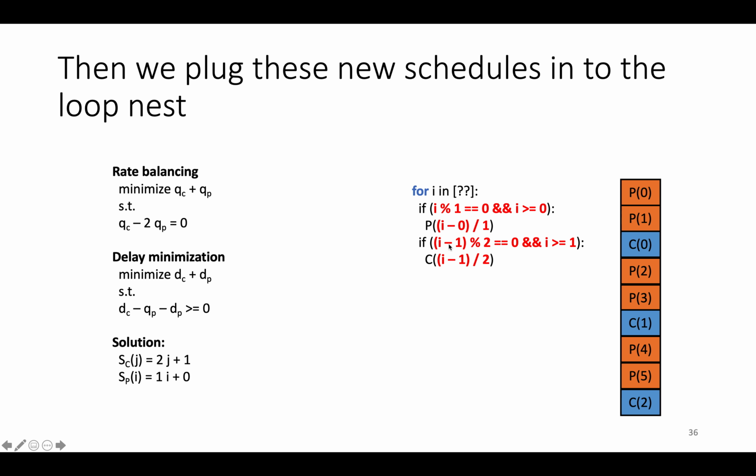And similarly for the consumer statement, the delay is 1 and the relative issue rate is 2. So our guard is if (i minus 1) mod 2 equals 0, so basically every other loop iteration, and i is greater than or equal to 1, which is the delay, then execute C of (i minus 1) divided by 2. And that's going to be our formula.